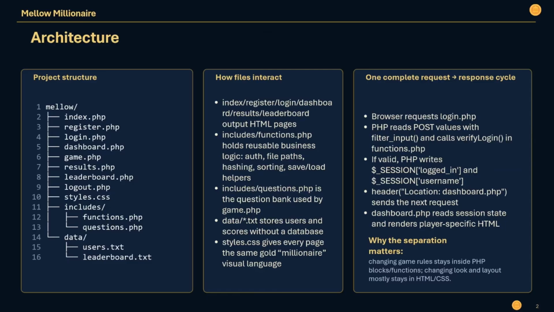And in the header, it'll show the location as dashboard.php, and it sends the next request. In dashboard.php, it reads the session state and renders player-specific HTML. Why the separation matters is that changing game rules stays inside the PHP block/functions. Changing look and layout mostly stays in HTML and CSS.